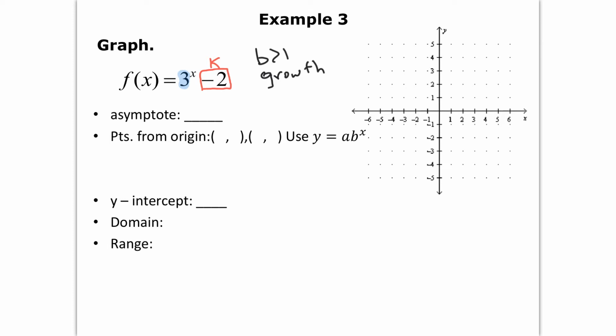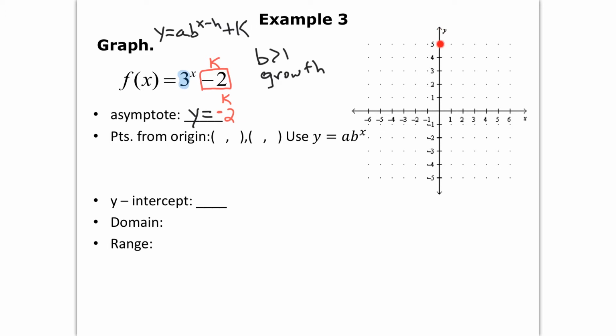In the formula, you see the a before the b, you have an h after the x if you have a transformation, and the k-value is at the end of the function. So that's my k-value. What that means is my asymptote, the line that the graph approaches but never touches, is going to be at y equals my k-value, which is -2.